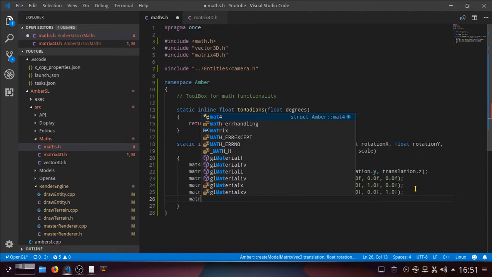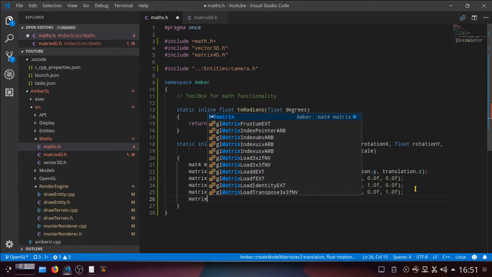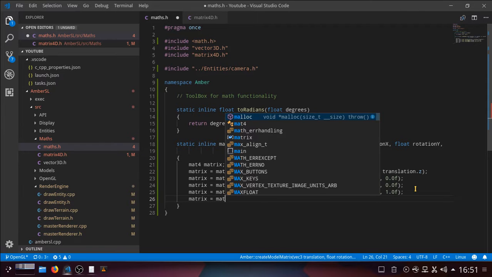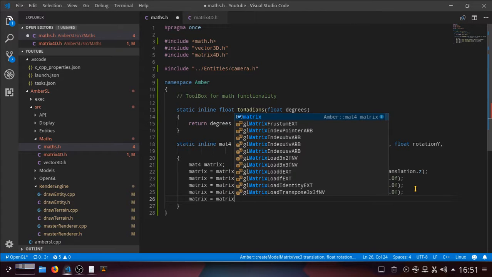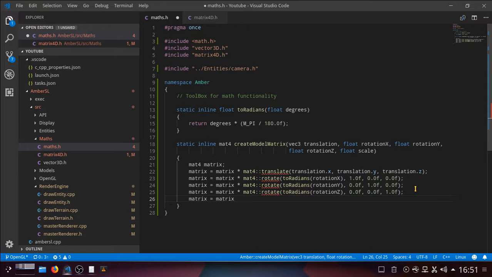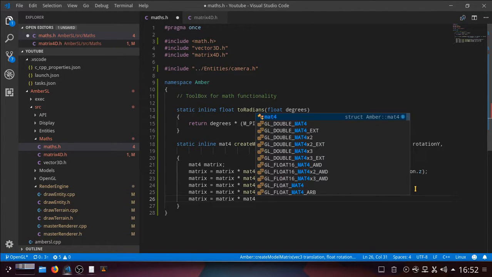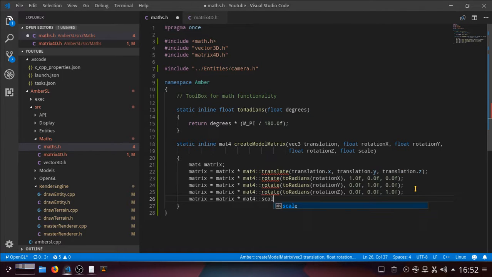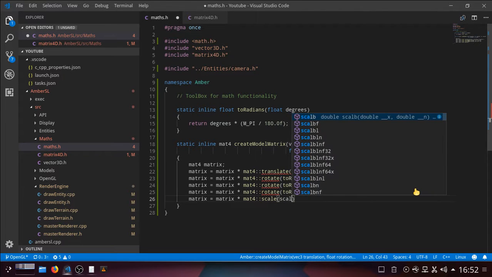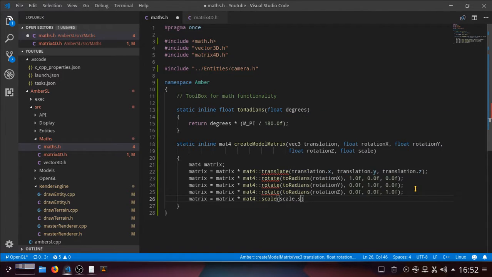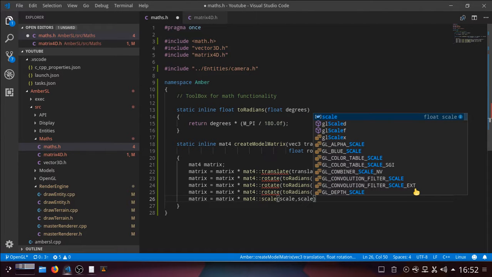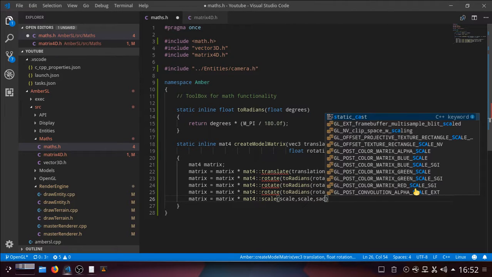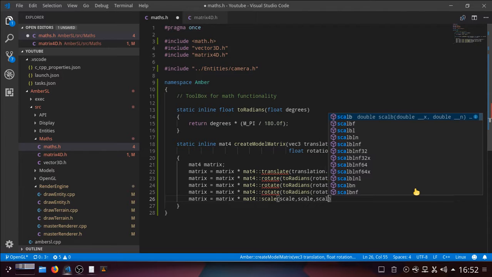So it's matrix equals matrix times mat4, and it's going to be called scale when we do it. It's just going to be whatever we put in as a scale for the x, the y, and the z.